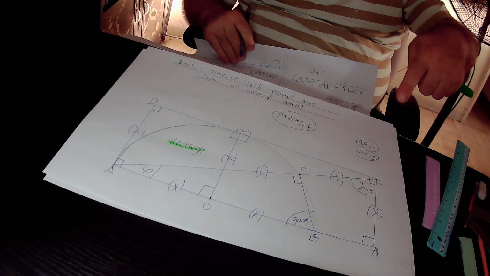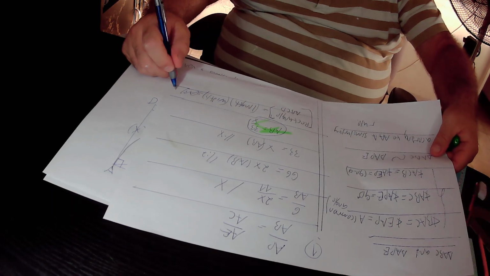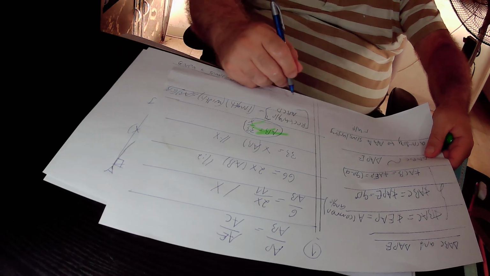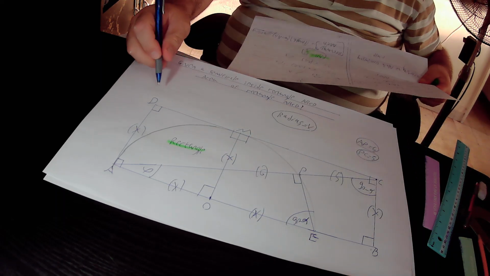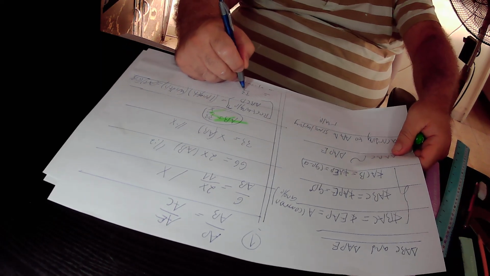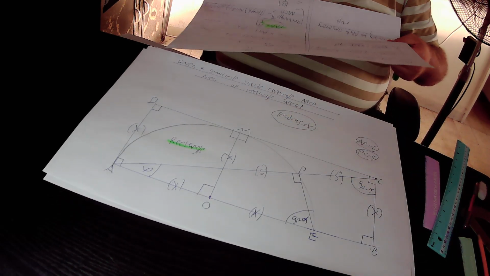And the width is CB. So we found that the area of rectangle ABCD is equal to AB times CB. AB is 33 over x, times CB. CB is x.